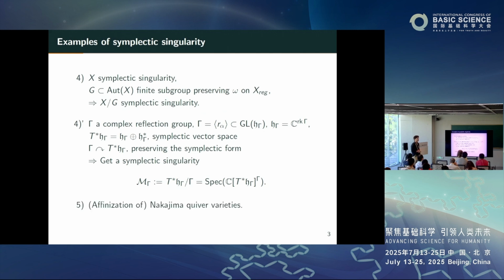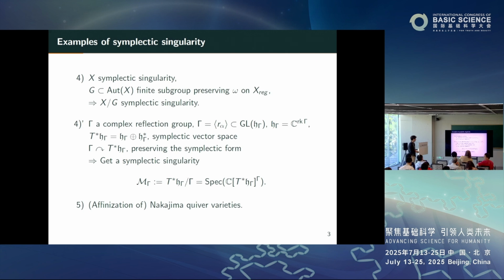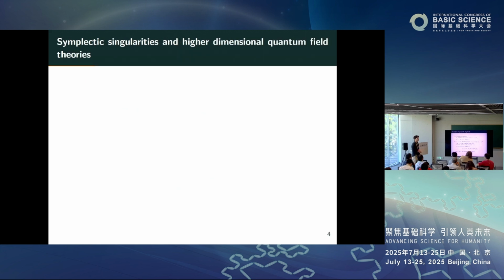And affinization of Nakajima quiver varieties gives a large family of symplectic singularities as well. From these examples you can see that it's closely related with representation theory, but it's also related with higher dimensional quantum field theories.